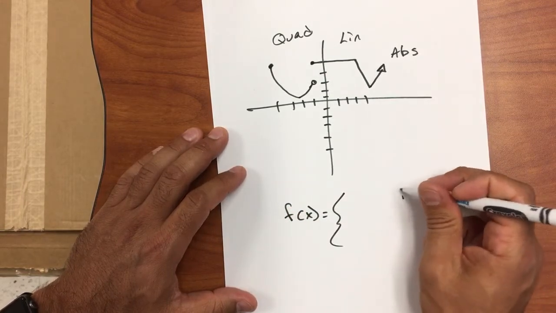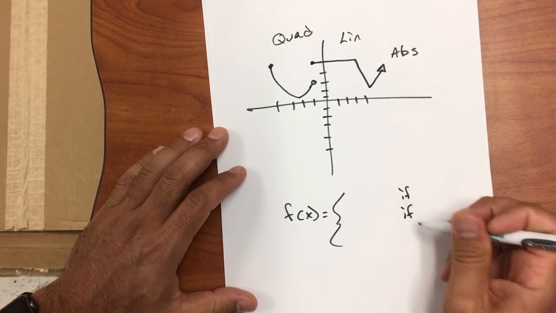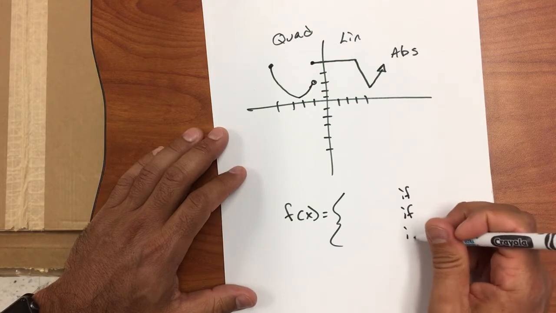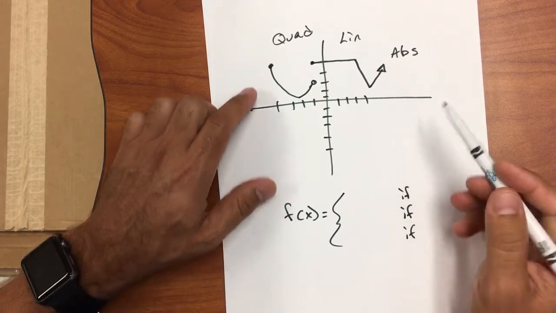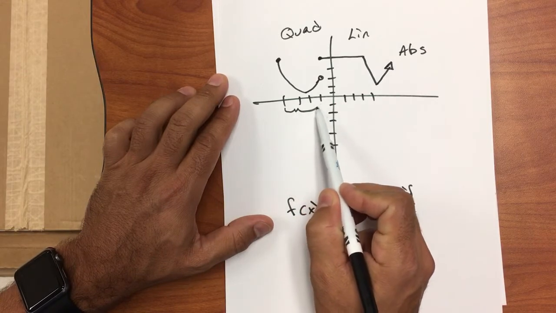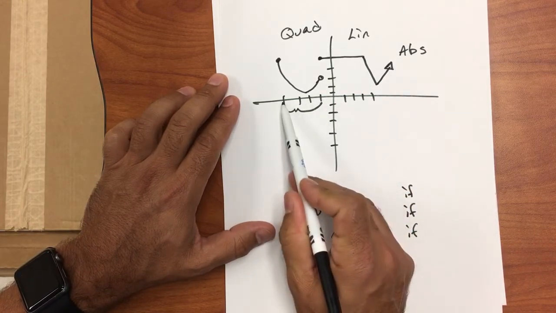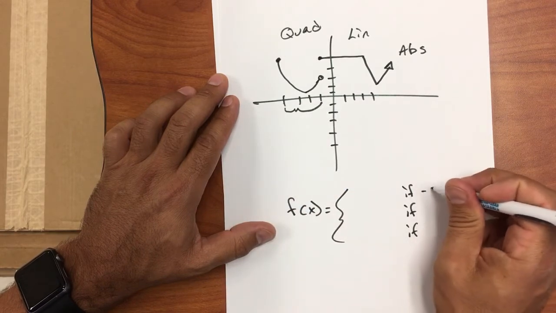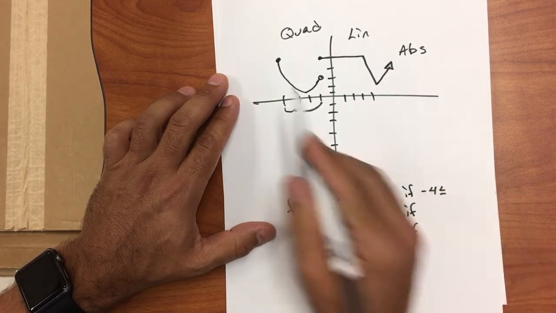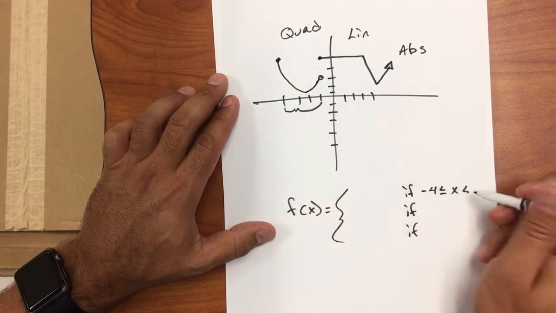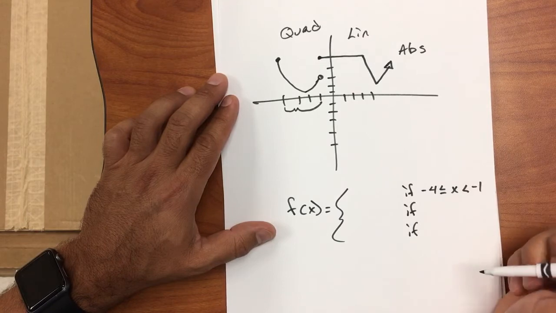I'm going to do the ifs first because I have three different parts. Excuse me. So I'm going to do the ifs first. The ifs are where do my x's happen. This quadratic happens from there to there on the x's, which is -4 to -1. So if -4 is less than or equal to, because it's filled in, x is less than, because it's open, -1.